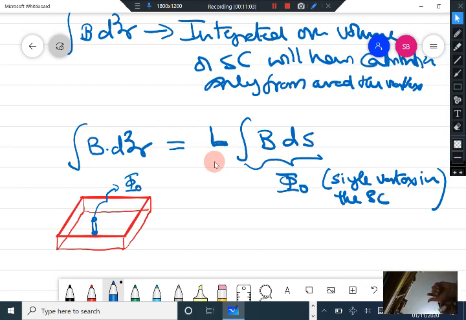So even if you integrate B dot ds over the entire superconductor, it is going to be equal to phi naught, because phi naught is the only magnetic flux present inside the superconductor. So this will be nothing else but L times phi naught.